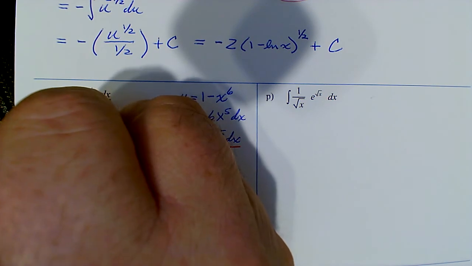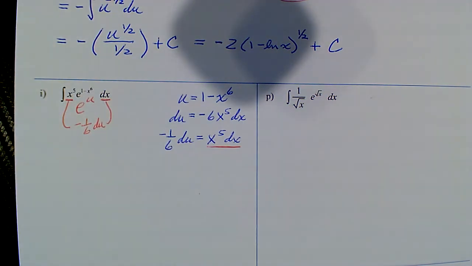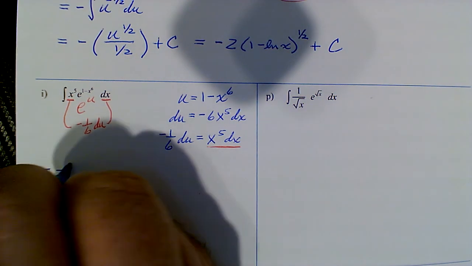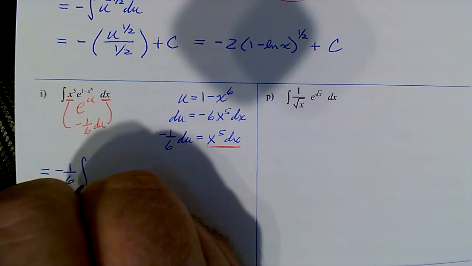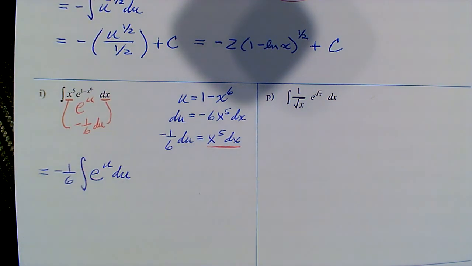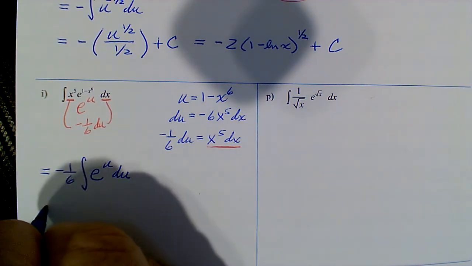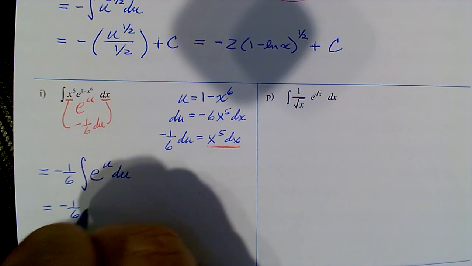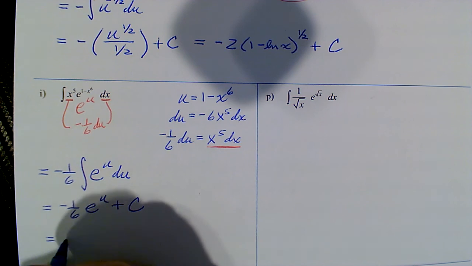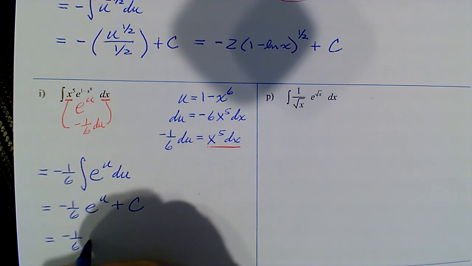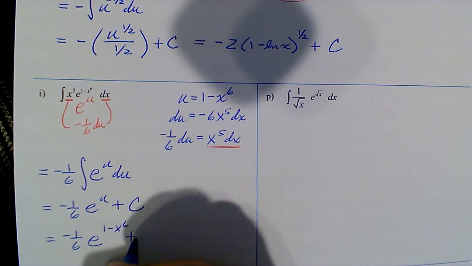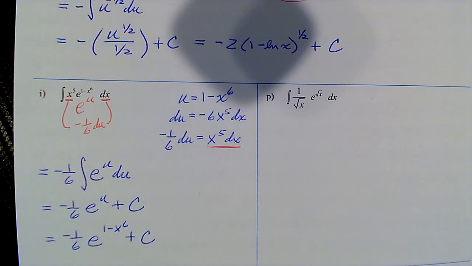So replace those factors by negative 1/6 du, and we can make the change of variables, bring out the negative 1/6, integral, now the basic formulas for e to the u with respect to u, and e to the u integrates to be e to the u, so negative 1/6 e to the u plus our constant, and finally back substitute, so negative 1/6 e to the u was 1 minus x to the 6th, and then plus our constant.